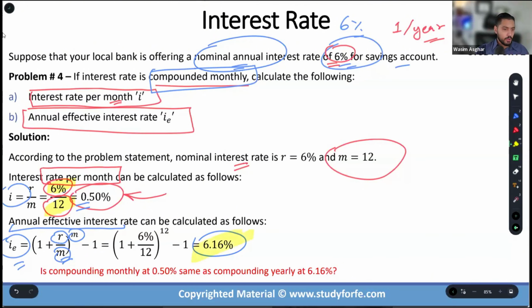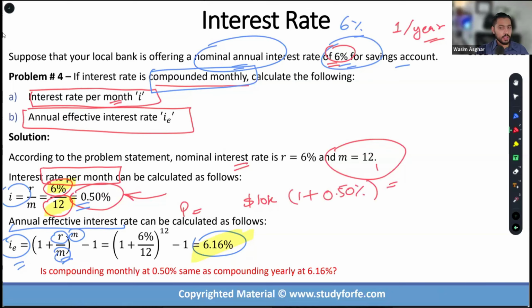So now if I take 6.16%, and this is going to be the aha moment. Let's say we took 10K today. And if we are being charged 0.50%, then 10K today, 1 plus 0.50% at the end of year one is going to be this amount. But this is going to be 12 compounding periods. Are you guys following me over here? Because this rate is being charged every single month.